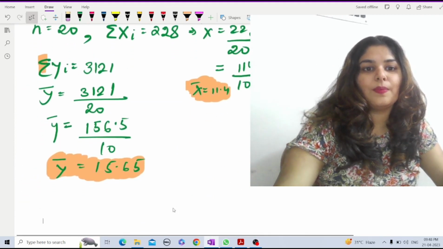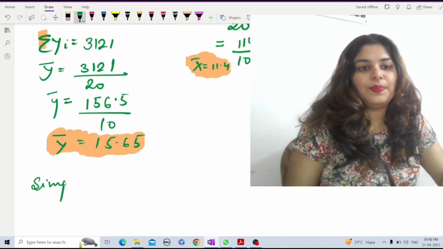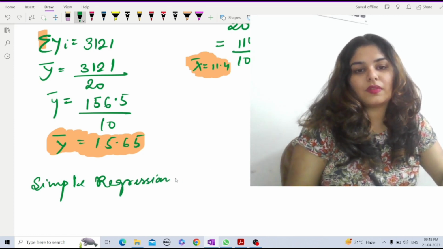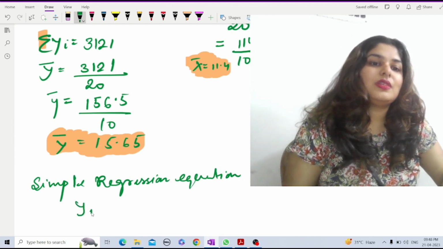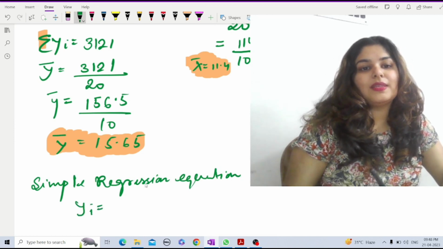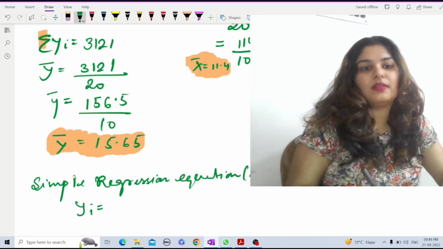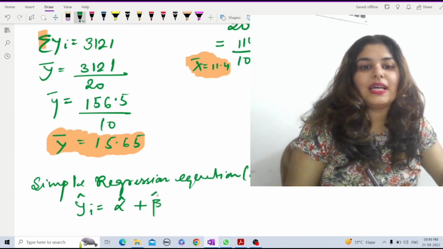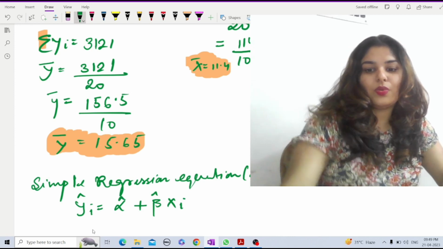So this is just a simple regression equation. Let's say the estimated one, we will write down the estimated: yi hat is equal to alpha hat plus beta hat into xi. That is our estimated regression equation.